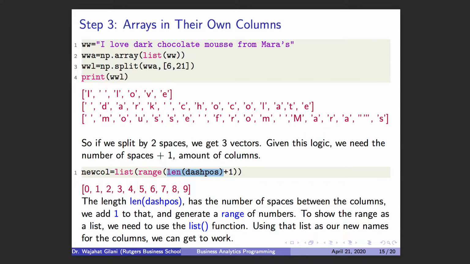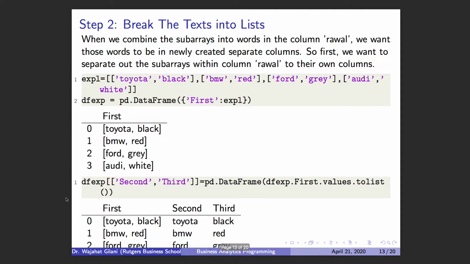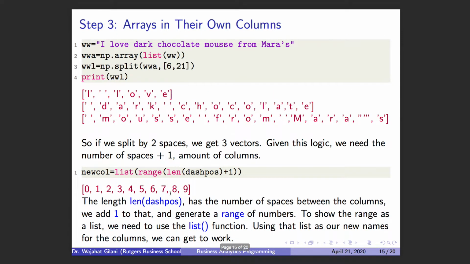And we can say my new columns are going to be 0 to 9. The logic here is the same as before, because when I created a new table, I literally said second and third. Here I'm just explicitly saying 0 to 9 to create my new columns.